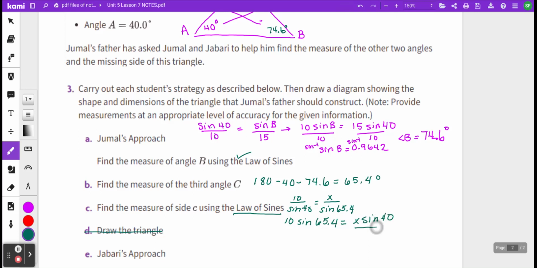And knowing me, I like to get the variable by itself, so I'm going to divide both sides by sine 40. And I'm going to just plug it into the calculator, and you're going to get 14.1 centimeters.